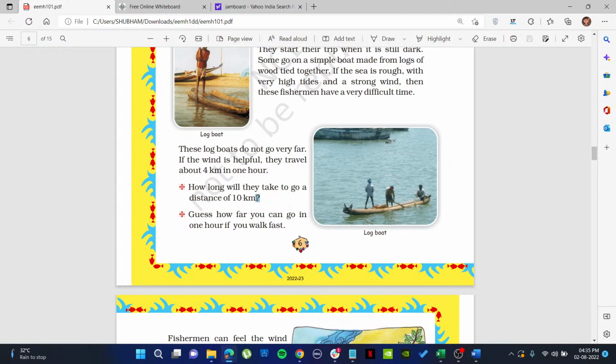So as of now, we have covered 8 kilometers in 2 hours, but we still need to cover 2 kilometers. 4 kilometers in 1 hour, so 2 kilometers would be in half an hour. So altogether it would be 2 hours 30 minutes, or we can say 2.5 hours.